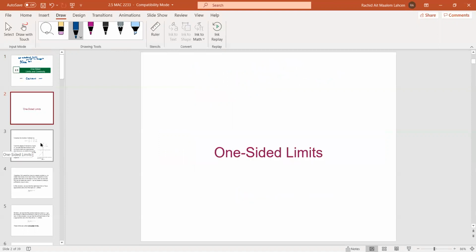So what is a one-sided limit? As when I did some examples, to make it simple, let's say this is the curve, and you're interested in this point here. If you're approaching this point from the left side, let's say this is 1, you're approaching this point from the numbers that are less than 1.